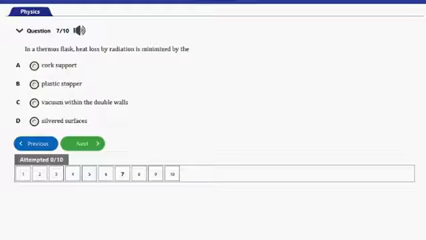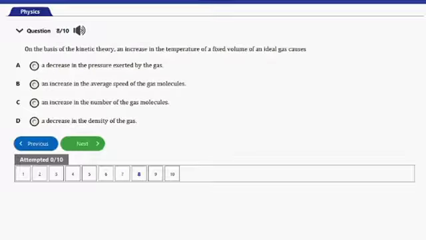So let's go ahead and consider the next question. And that's question number 8 here. It says, on the basis of the kinetic theory, an increase in the temperature of a fixed volume of an ideal gas causes A, a decrease in the pressure exerted by the gas, B, an increase in the average speed of the gas molecules, C, an increase in the number of the gas molecules, D, a decrease in the density of the gas.